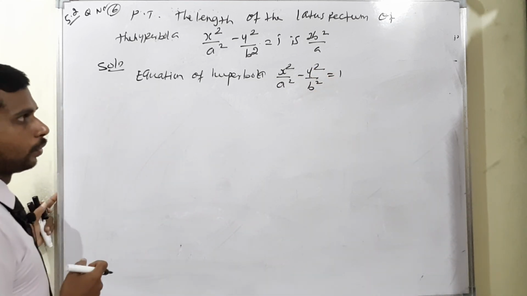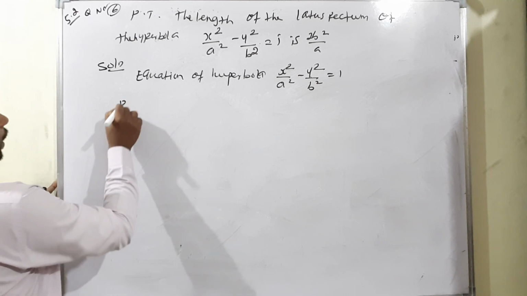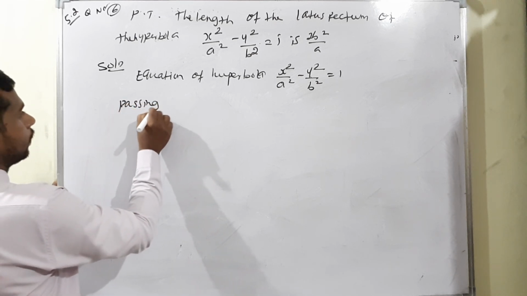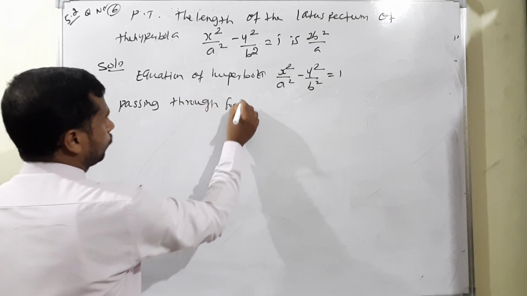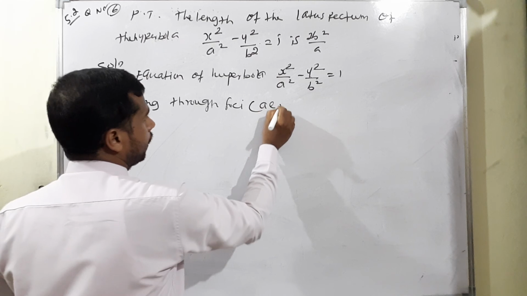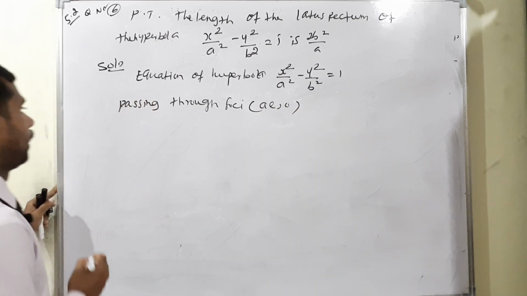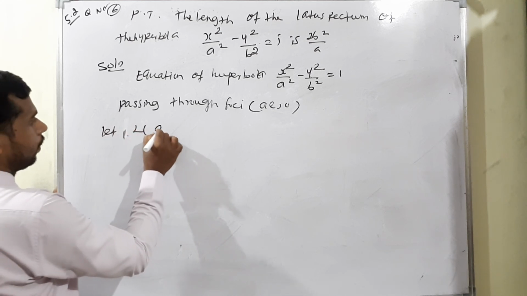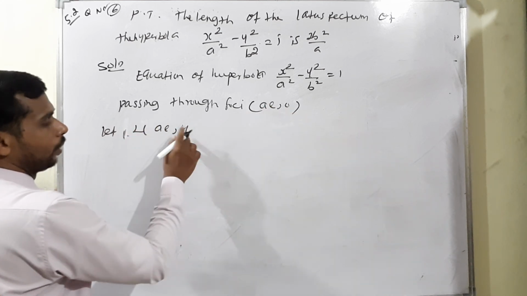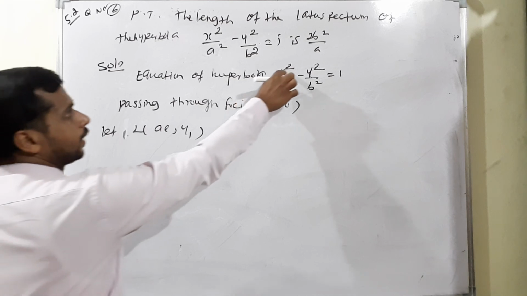So the latus rectum passes through the focus, ae comma 0. Let us consider ae comma y1, since we don't know the y value, and substitute in the main equation.